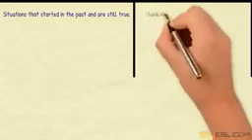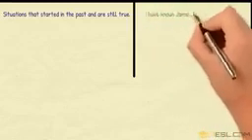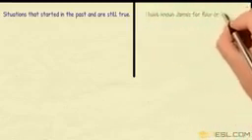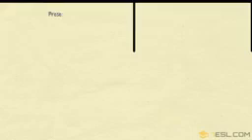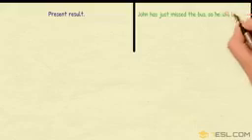Situations that started in the past and are still true. I have known James for 4 or 5 years. Present result. John has just missed the bus, so he will be late.